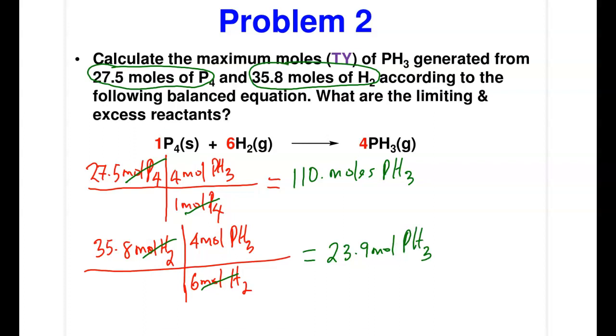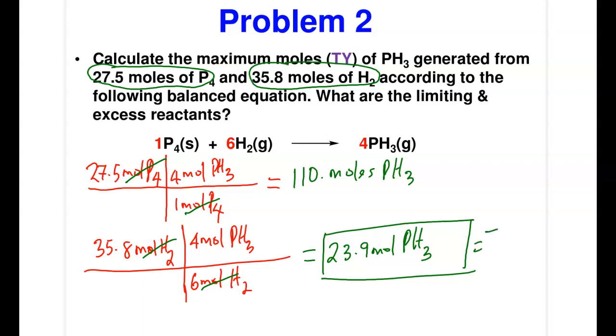Okay, so from there, our limiting reactant, now we look at the two values. Phosphorus gave us 110 moles, whereas hydrogen gave us 23.9 moles. What that simply means is that the value that is smaller will be our theoretical yield. That will be the maximum moles of PH3 that will be generated.